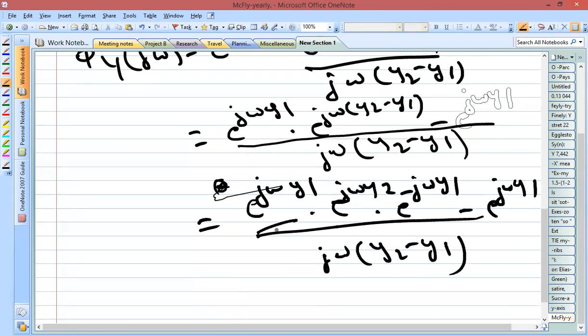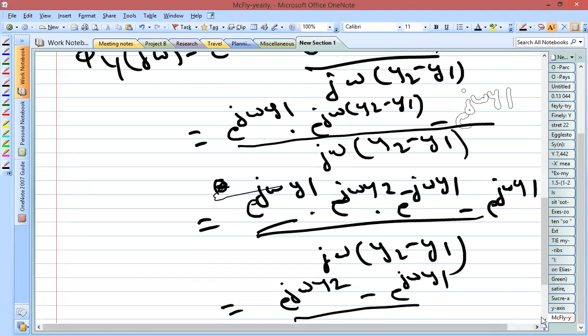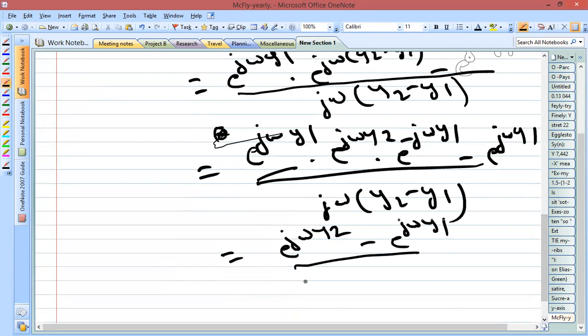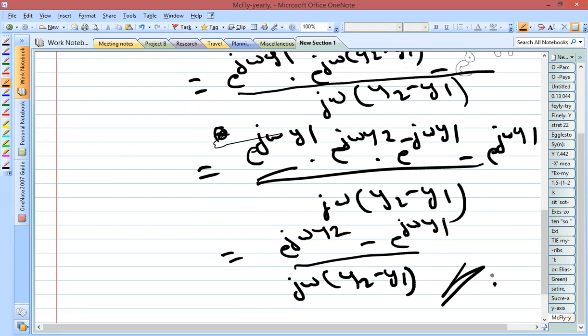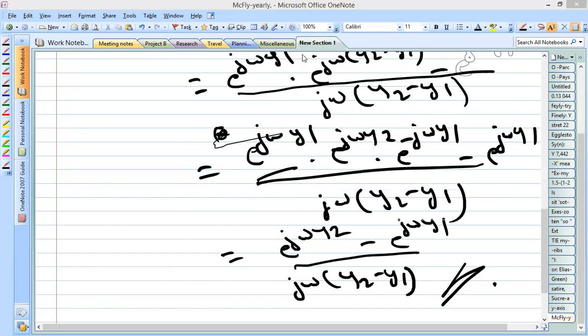Here e to the power j omega y1 into e to the power minus j omega y1 results in the value 1. So we are left with e to the power j omega y2 minus e to the power j omega y1, all divided by j omega (y2 minus y1). This is the characteristic function for the transformation function defined by y is equal to (y2 minus y1) x plus y1. You should remember how to substitute and make use of the equations.